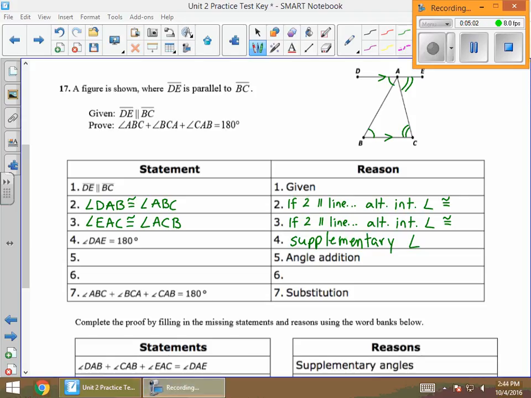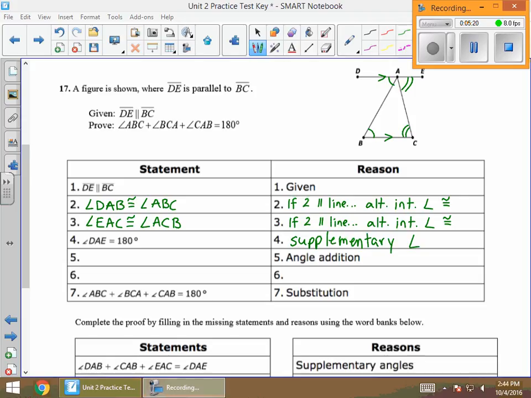All right, as we look at line 5, I'm looking for the statement that is angle addition postulate. So angle addition postulate just simply says that I'm taking smaller angles and I'm adding them together to equal a bigger angle.